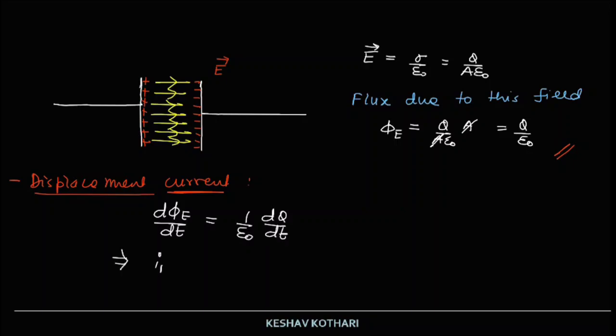So the displacement current id is written as this value of dq by dt, and it is epsilon naught of d phi e by dt.